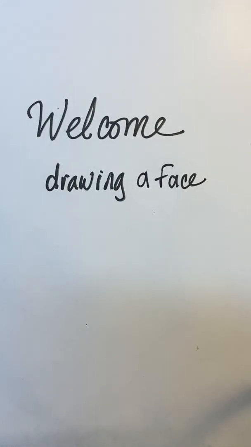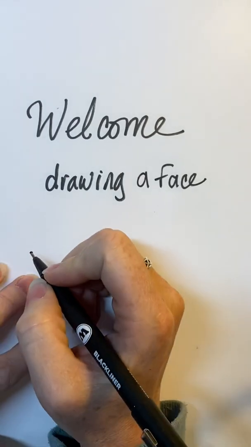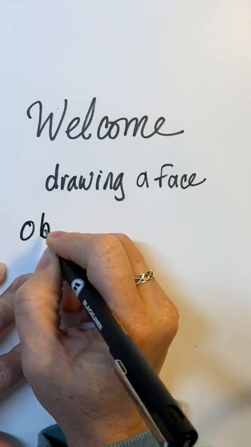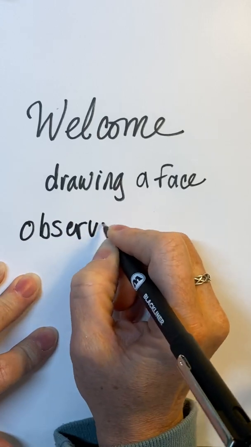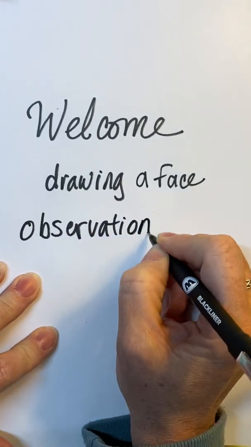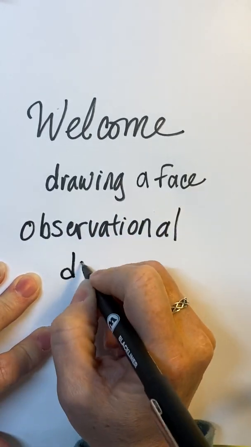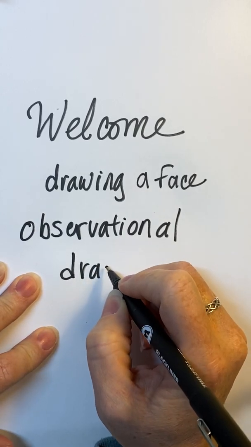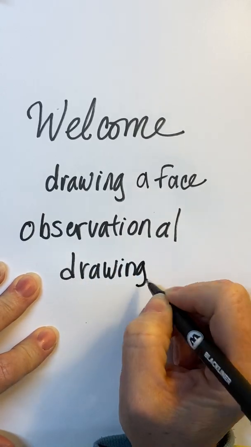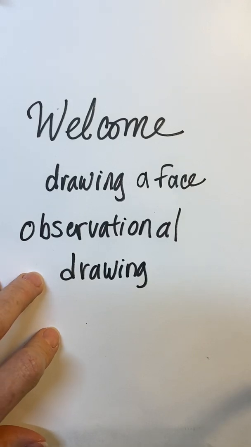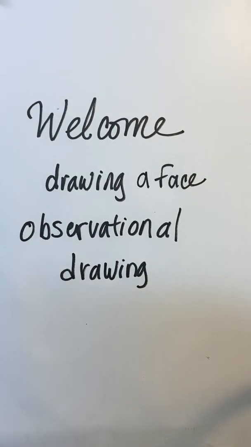Okay, so we're going to talk about the first kind of lines that you want to lay down, and let me talk about the type of drawing that we're doing. We're going to do an observational drawing. Now, when you talk about making observations, maybe you think about a scientist making scientific observations.